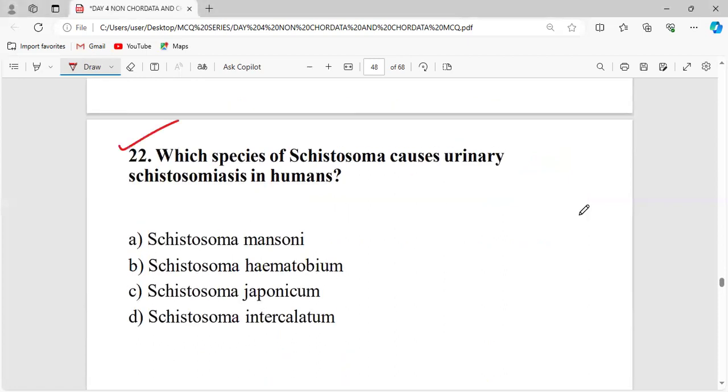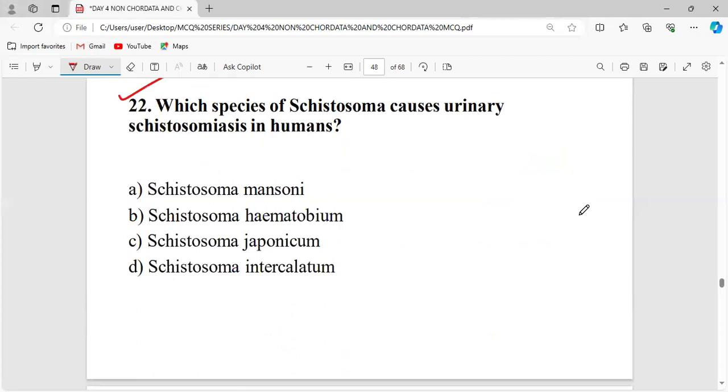Now, which species of Schistosoma causes urinary schistosomiasis in humans? Schistosoma mansoni, Schistosoma haematobium, Schistosoma japonicum, Schistosoma intercalatum. Let me show you the slide also. Answer this question.